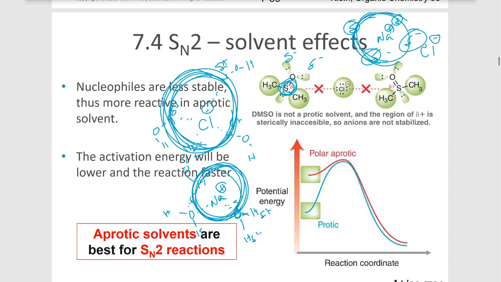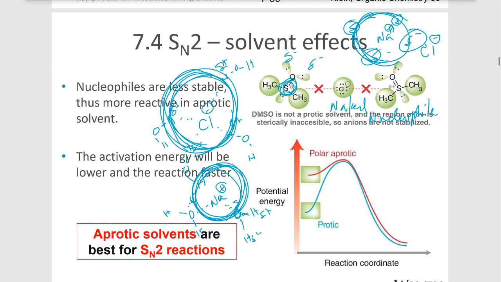But that chloride doesn't get solvated by the solvent shell, and therefore the chloride doesn't have to break free from a solvent shell in order to react as a nucleophile. Therefore, the chloride is free, and that's called a naked nucleophile.